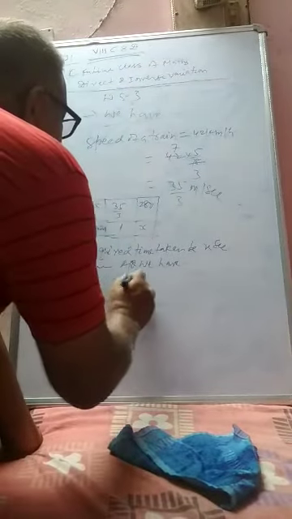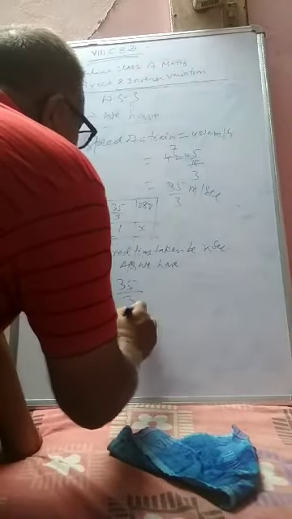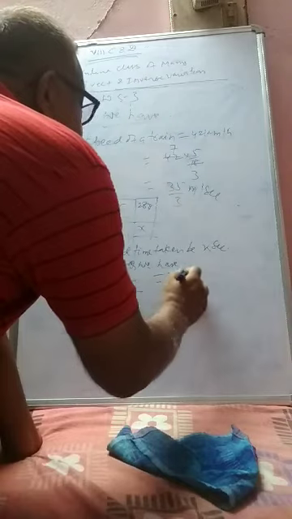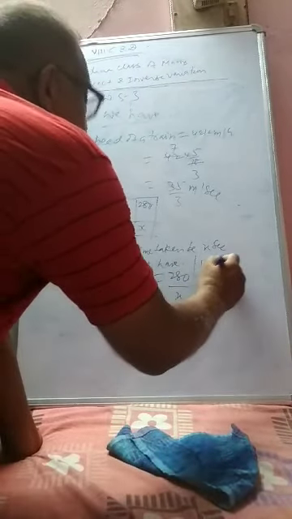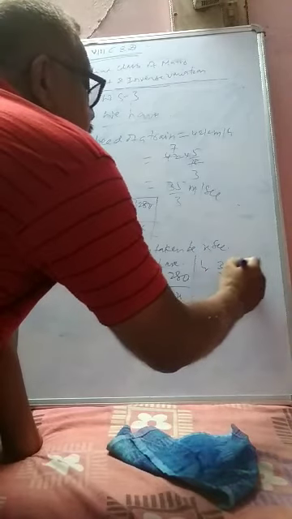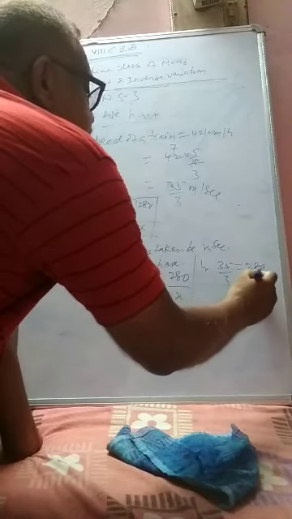Hence 35 by 3 divided by 1 is equal to 280 by x, or 35 by 3 is equal to 280 by x.